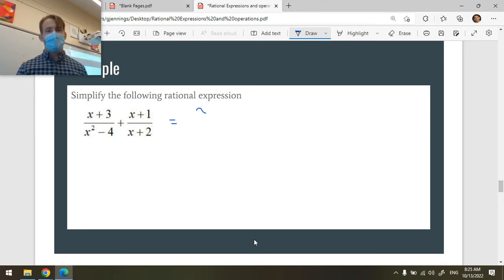This is equal to x plus 3 over, I forget, how does that factor, Mr. Jennings? How does that denominator factor? Plus 2x minus 2. Good. So that's the difference of squares.